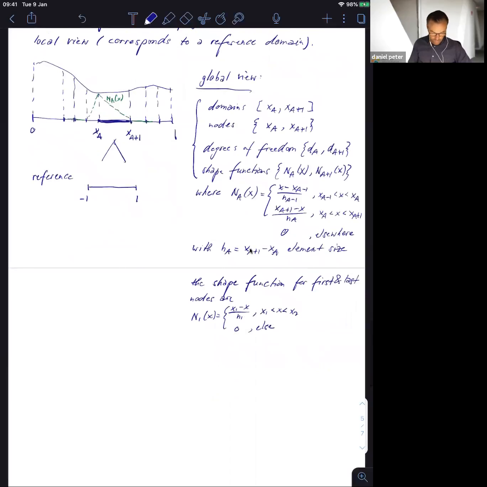And this last point, the N plus 1 shape function, would go from xn to xn plus 1, for x between xn and xn plus 1, and again 0 else.